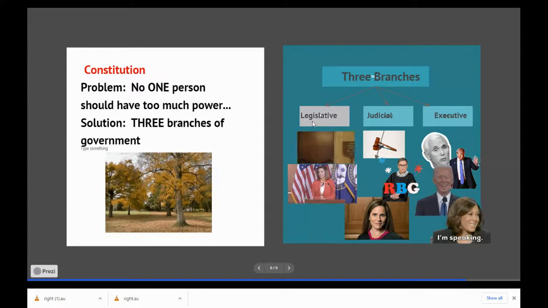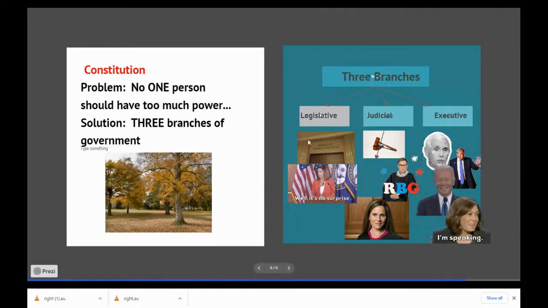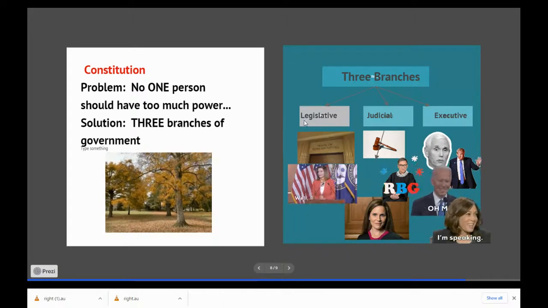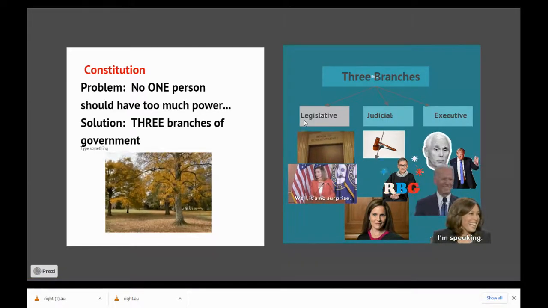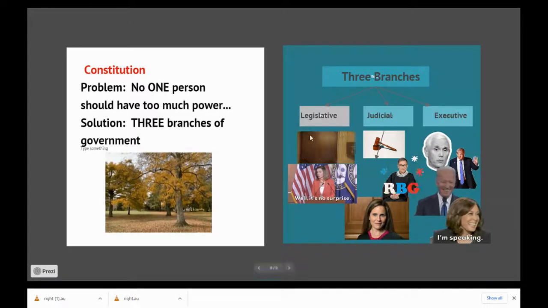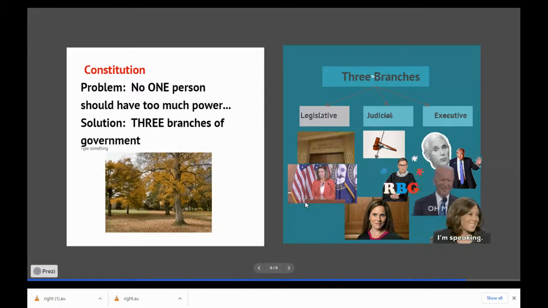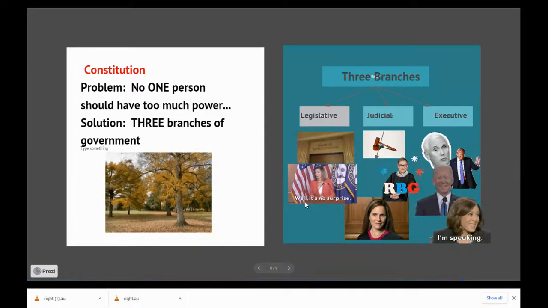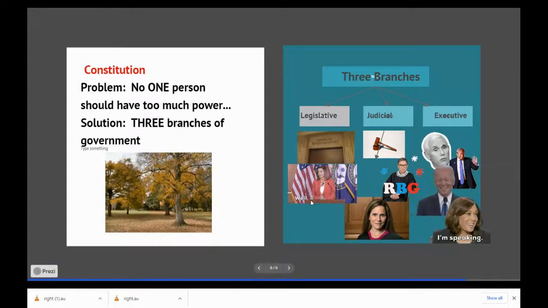It's very important. Let's start here with the legislative branch, okay? The legislative starts with L and law starts with L. These people in the legislative branch pass laws. And within the whole United States, there are many, many legislatures, okay?